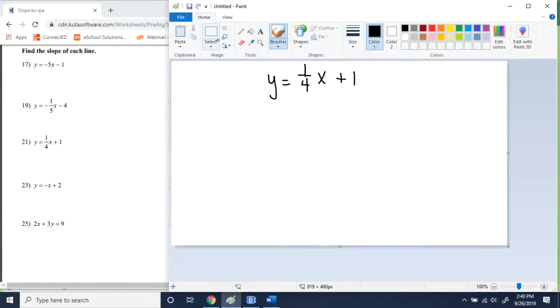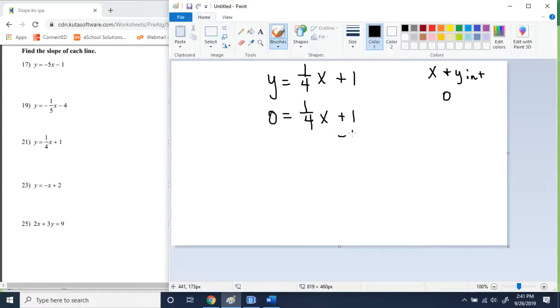So let's just practice one with a fraction. So to find the x and the y-intercept, all you need to do is put a 0 in the opposite, where the opposite variable is located. So if we want to find the x-intercept, we're going to put a 0 in for the y and solve.